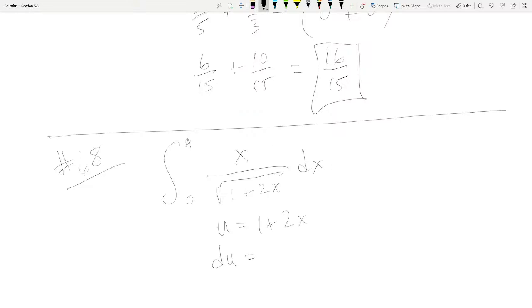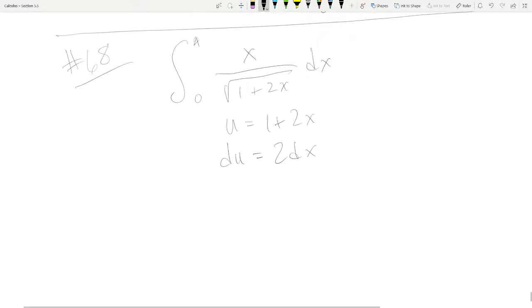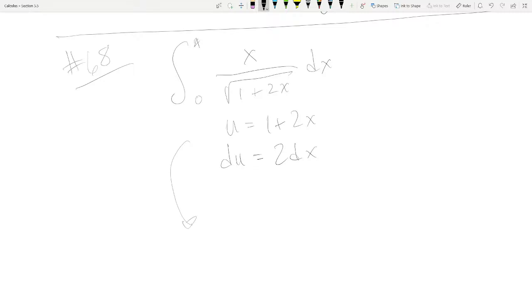When I do so, I get du is equal to 2 dx. When I convert this integral into u, I have root u in the denominator by design. And then dx is 1/2 du, so I can substitute for that dx.